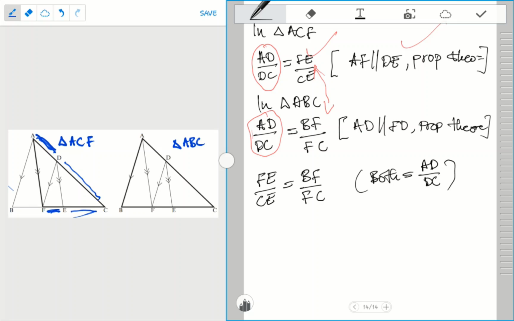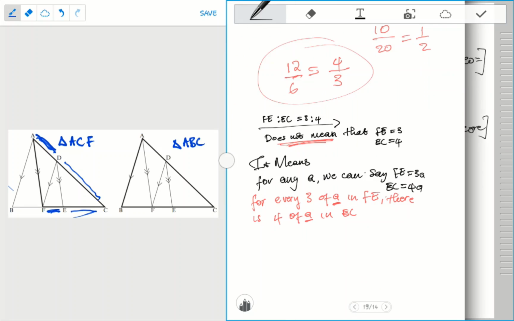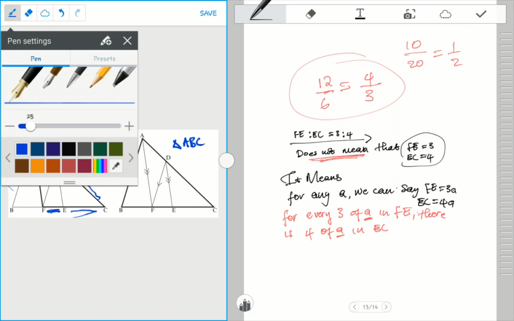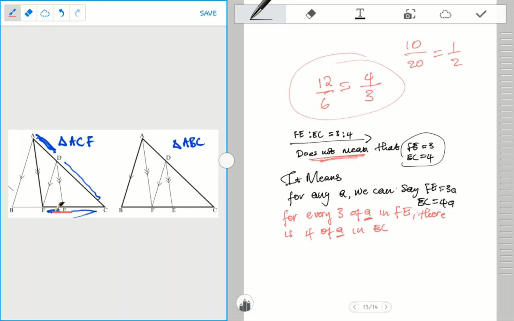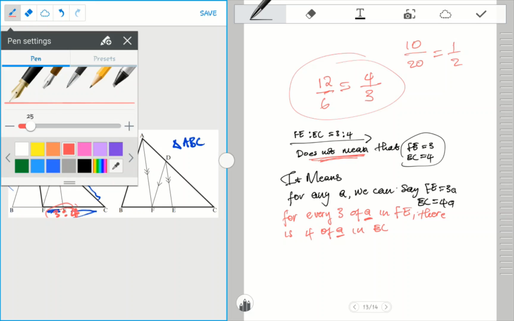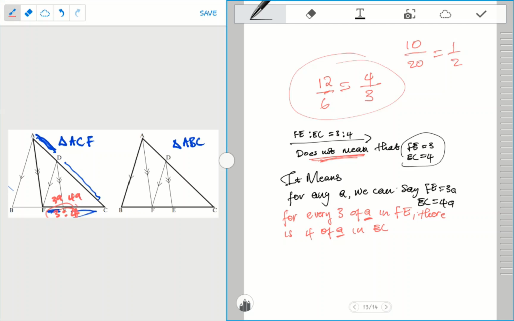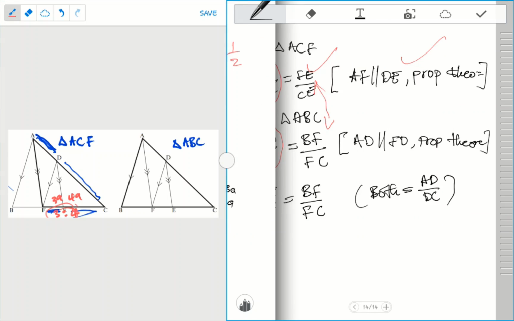But if you remember from this point, they said 3:4. It doesn't mean 3:4, meaning this is 3a and then 4a. Do you still remember? Then you are going to be replacing the values.